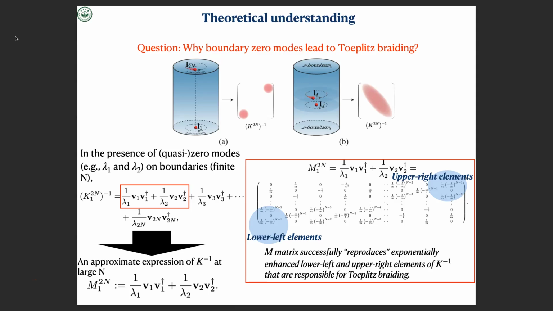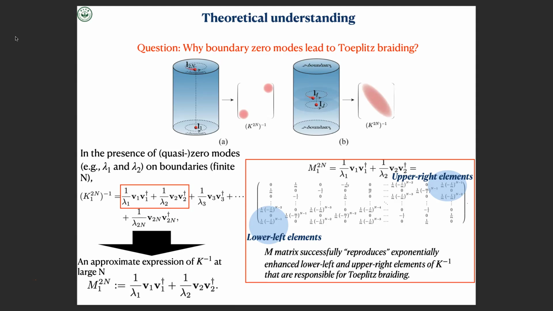Once the system size becomes very large, we can use this M matrix to give a very good approximation to this K inverse. We can forget about the second term, third term, etc. We only preserve the first two terms.